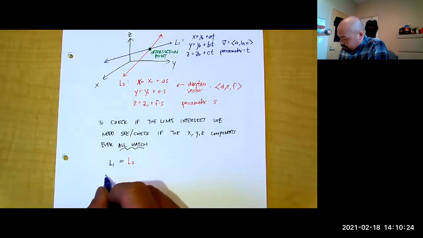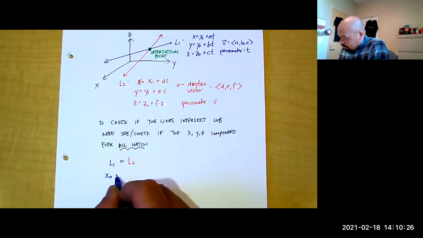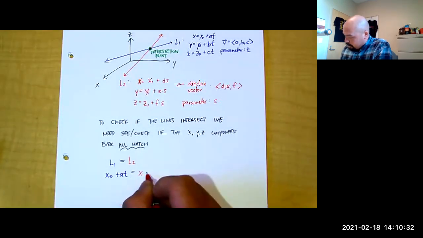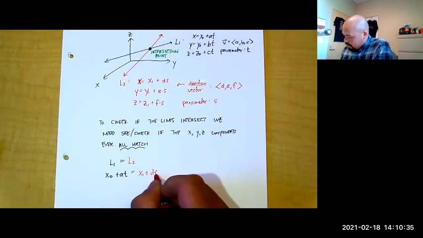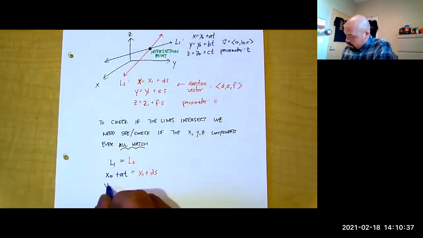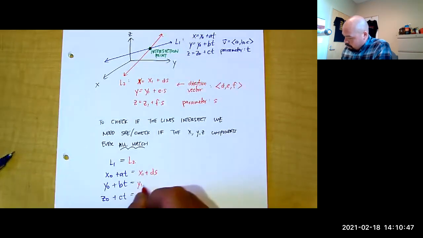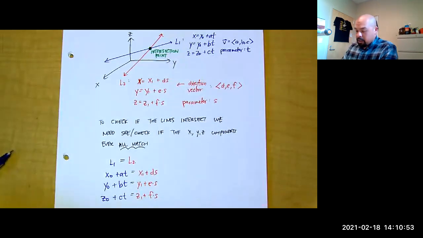We're going to check, does x naught plus a t ever equal x1 plus d s? And y naught plus b t, and while I'm here, z naught plus c t, do those match up to our y1 plus e s, z1 plus f s?